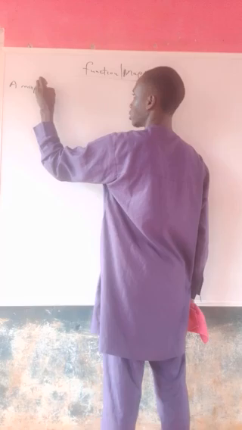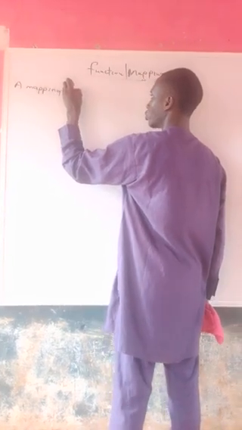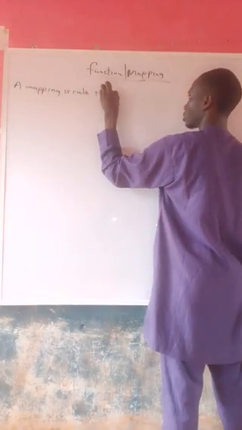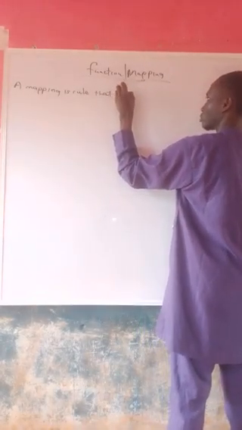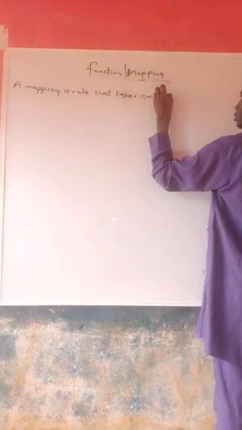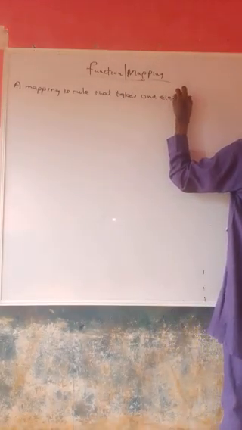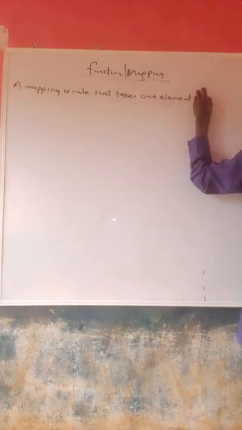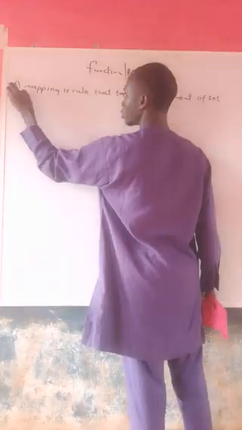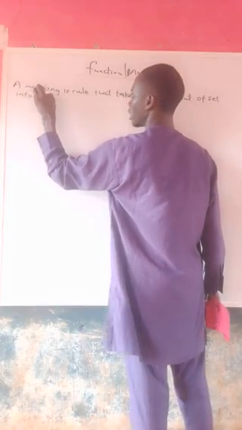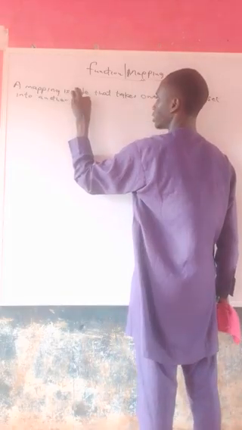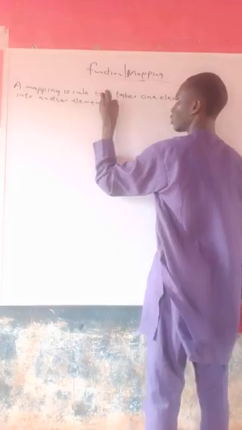A mapping is a rule that takes one element of a set into another element of a set.